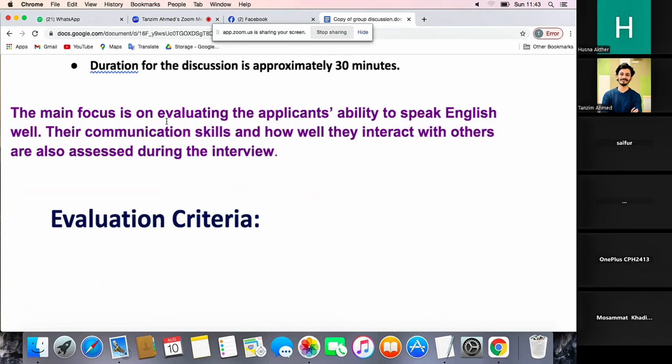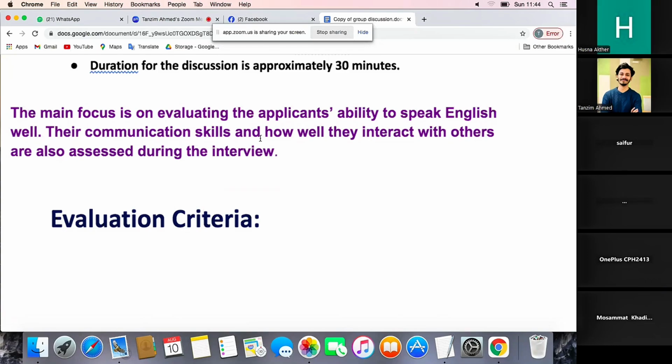The main focus is on evaluating the applicant's ability to speak English well. So you have to speak in English all the time, and nicely, logically, obviously. Their communication skills and how well they interact with others are also assessed during the interview, right?